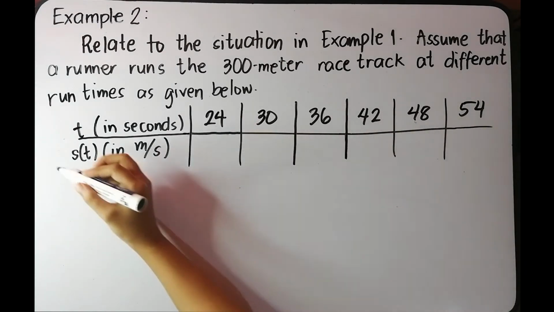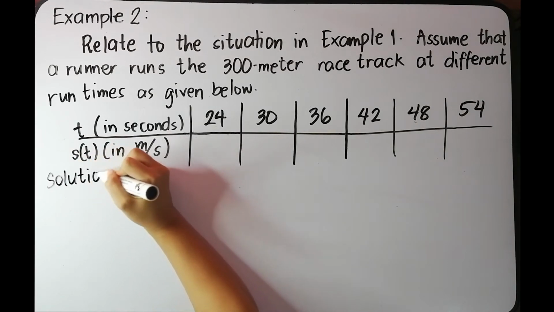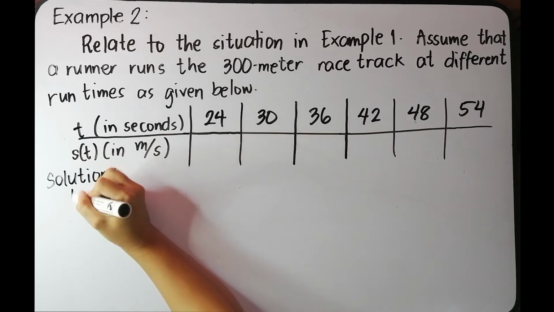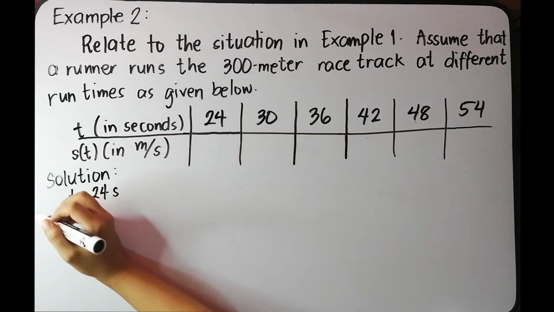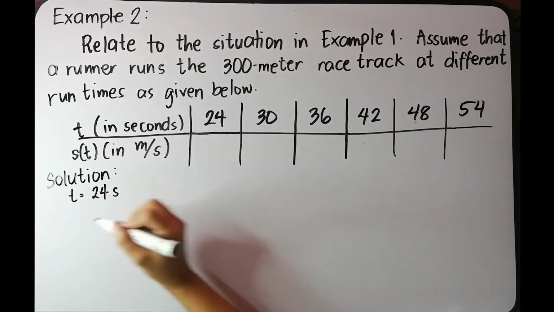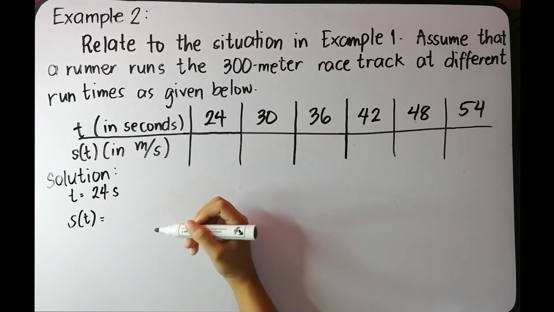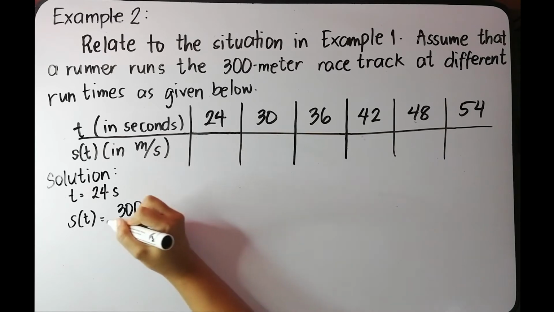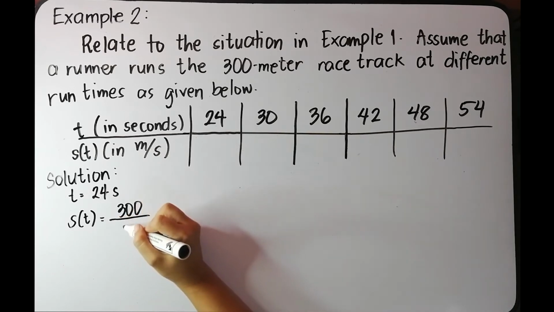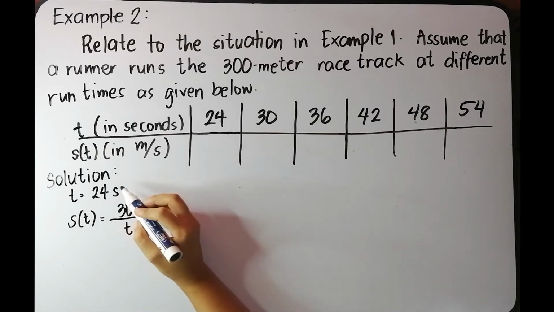Okay? So first, let's solve for time equal to 24 seconds. From the previous example, we have S of T, the speed function of time, which is the 300-meter distance over your time. So let's substitute 24 seconds for your time.